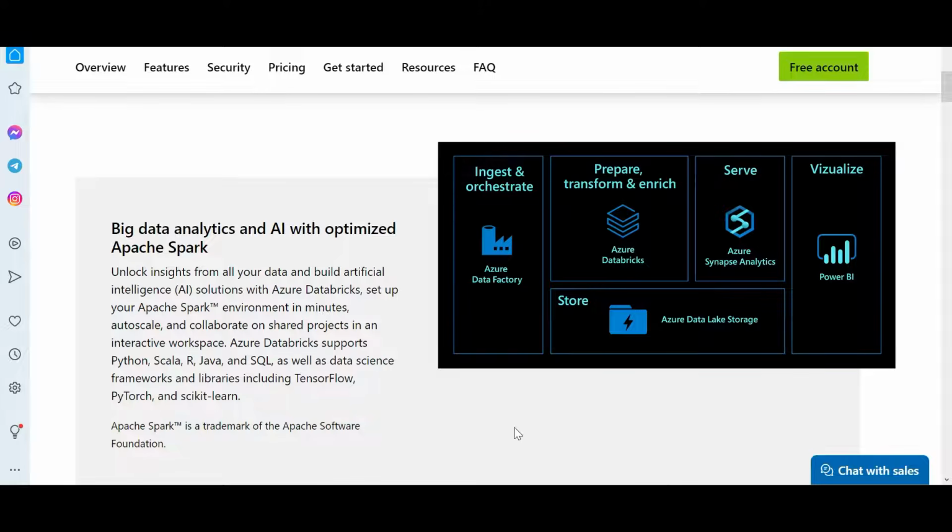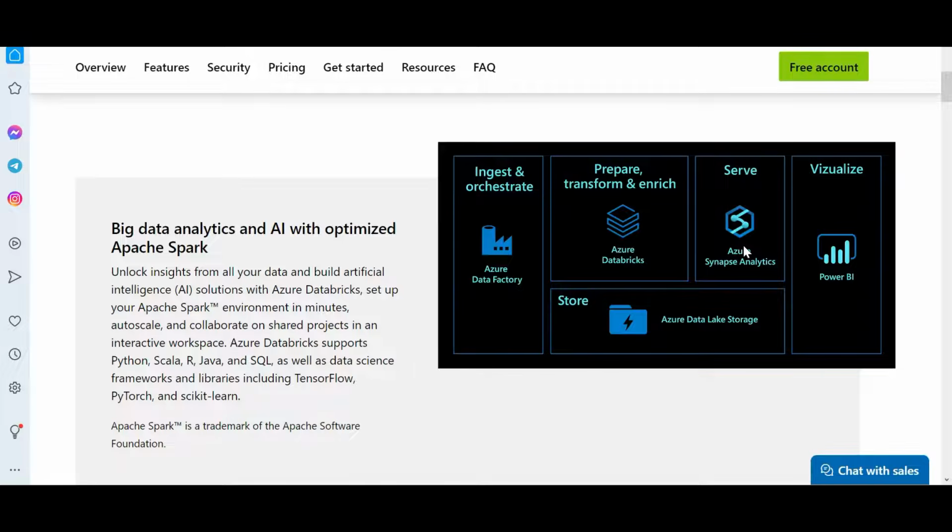So if you see this, where Databricks fits in, where Data Factory fits in. If you want to ingest and orchestrate, you use Data Factory. Now the data comes in here, lots of data, big, lots of data. So Azure Databricks will transform and enrich your data. Enrich is like it will add some vitamin A, vitamin B, vitamin C. Then it will put it in Synapse Analytics.